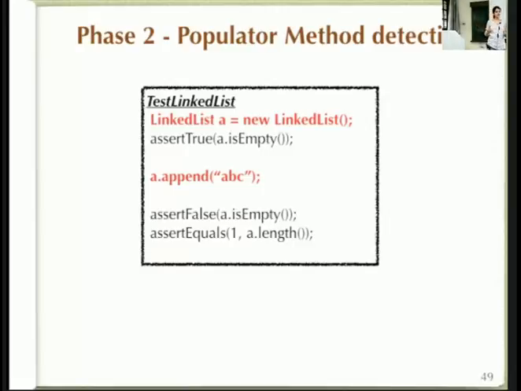So I need to find out such methods so that in the end, the test will use it. It will create sufficiently large collections. So suppose I have this test. Can you suggest how I can come up with such populator methods? So populator methods are basically populating the collection. They are adding elements to the collection. So any guesses? Given such a test, how will I come up with a populator method?